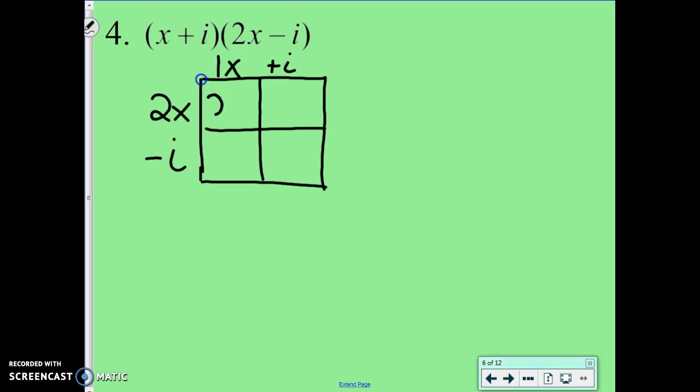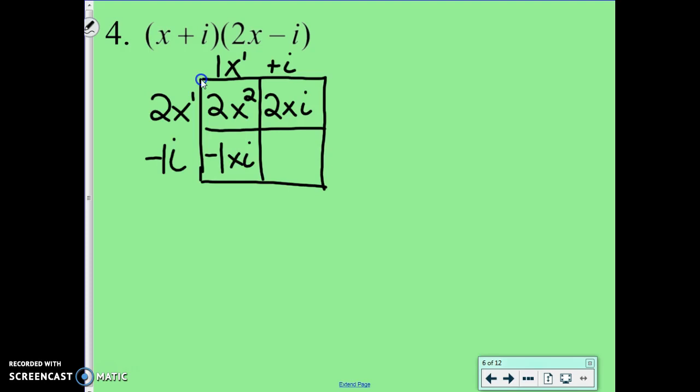2 times 1 is 2. The exponents on x are 1 each, so it's 2x squared. Add the exponents, multiply the coefficients. 2 times 1 is 2, x, i. In this case, I have a negative 1 as my coefficient. Negative 1 times 1 is negative 1, x, i.